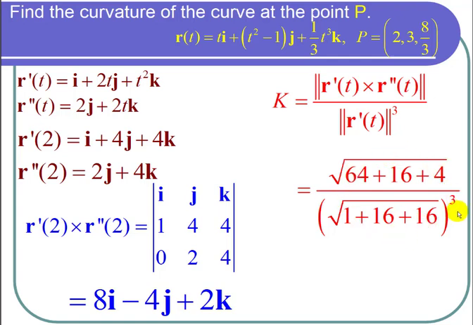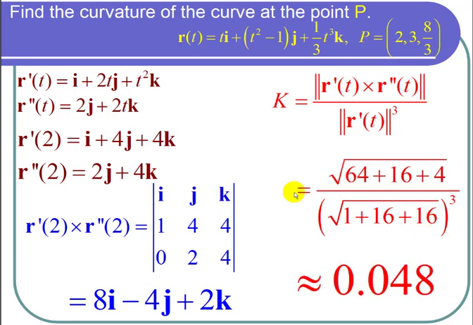I worked that out on my calculator, and I got that the curvature is approximately equal to 0.048 for this curve defined by this vector-valued function at the point (2, 3, 8/3). And I'm done with the problem.